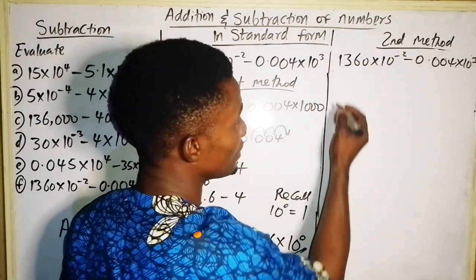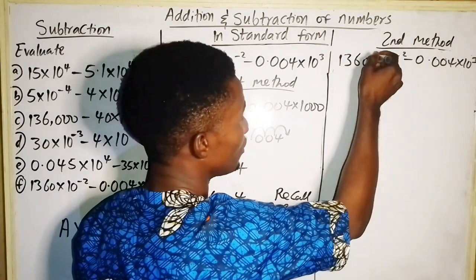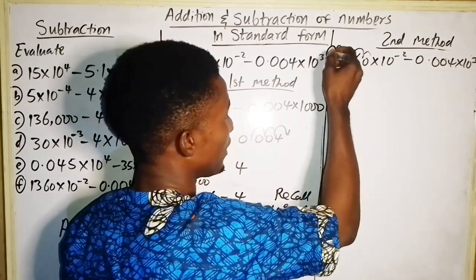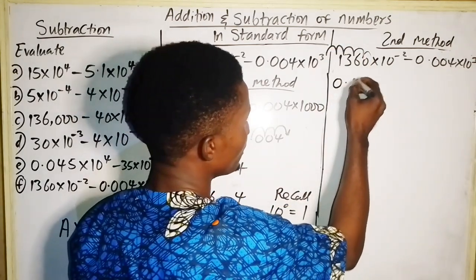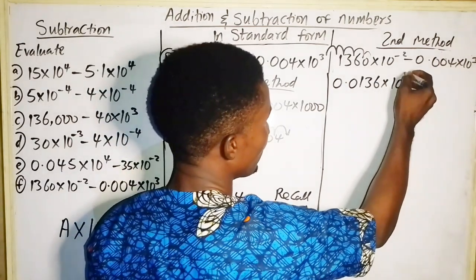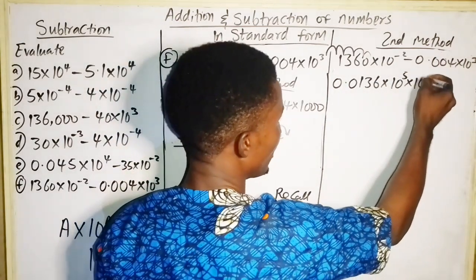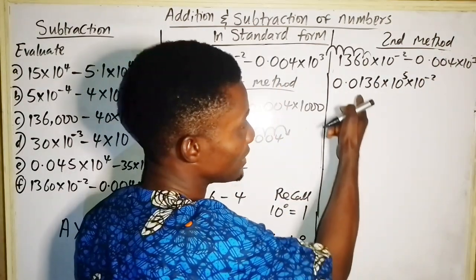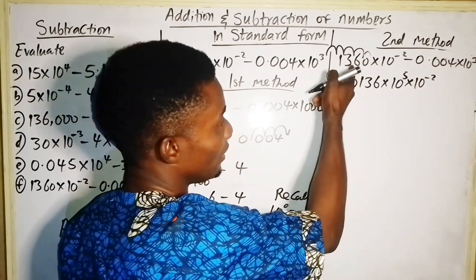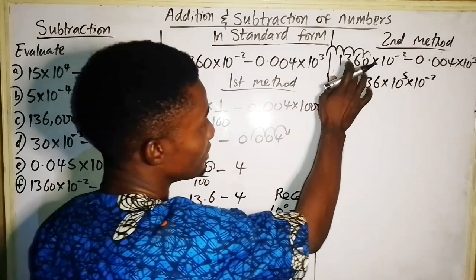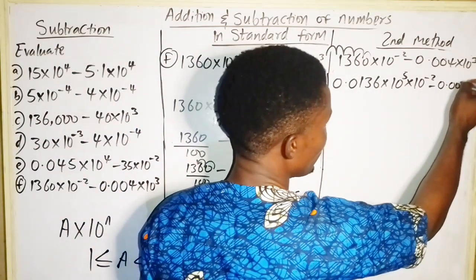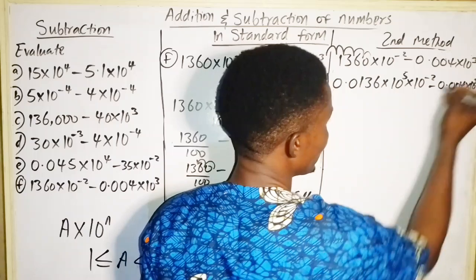Now let's adjust this number. We're going to be having 1, 2, 3, 4, and 5. So this will be 0.0136 times 10 raised to power 5 times 10 raised to power minus 2. Because if I multiply this same number by hundreds of thousands, I'll be having my number back. So we have minus 0.004 times 10 raised to power 3.